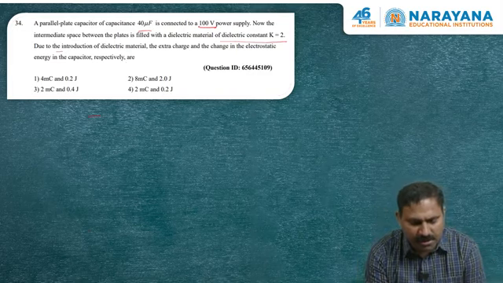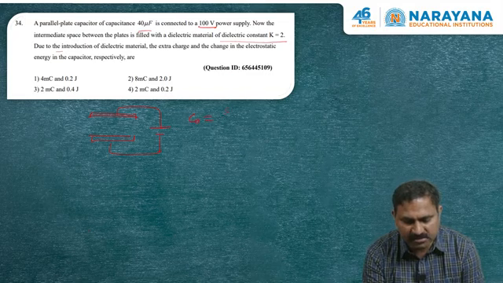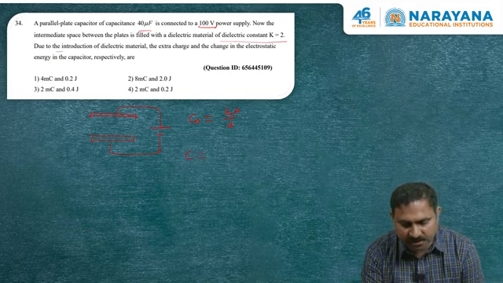Suppose when there is no dielectric, let us assume the capacitance of the capacitor to be C naught, usually this is epsilon naught A by D. When dielectric material is introduced, the capacitance will be K times epsilon naught A by D.